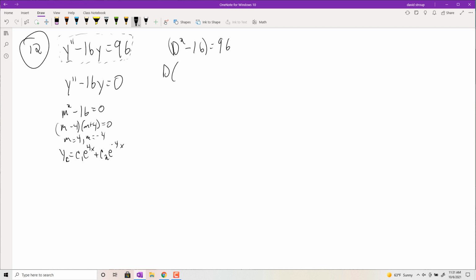So just apply D to both sides. And there should be a y in there, a little y sitting here. Sorry. So if you apply D to 96, the derivative of 96 is 0. So you always want to turn the original non-homogeneous differential equation into a homogeneous one using the annihilator.